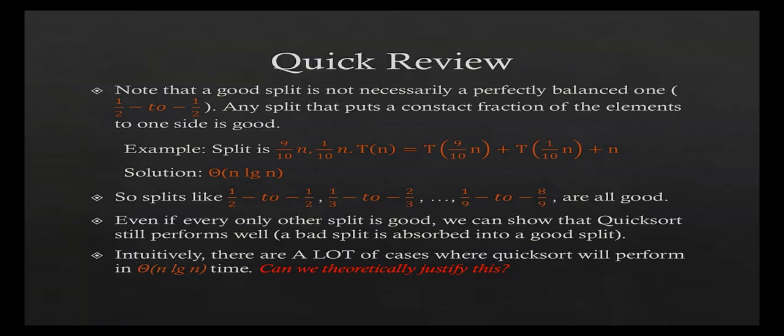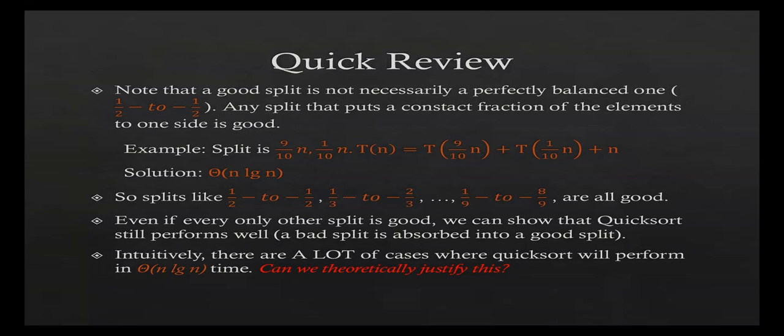So some splits also perform well, not only half and half. For example, 9/10 with 1/10 also gets order of n log n. Half and half, 1/3 and 2/3, that means 60/40 or 35/65, or sometimes 20/80 or 10/90. These are also good splits.